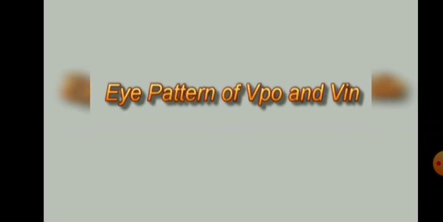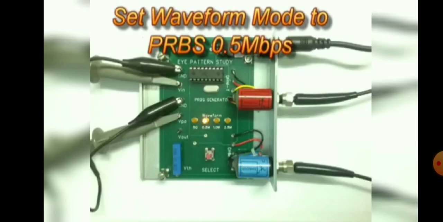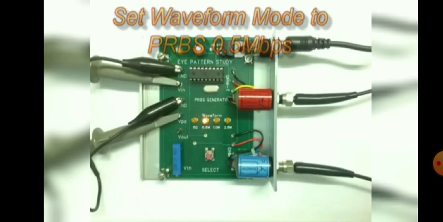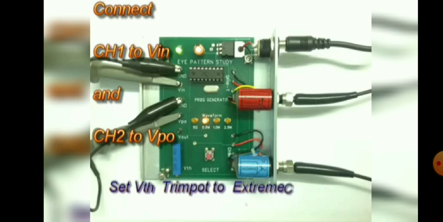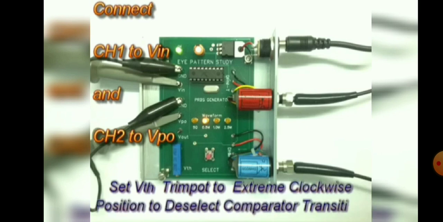Eye pattern of VPO and Vin. Set waveform mode to PRPS 0.5 megabits per second. Connect channel 1 to Vin and channel 2 to VPO. Set VTH trim pot to extreme clockwise position to deselect comparator transitions.